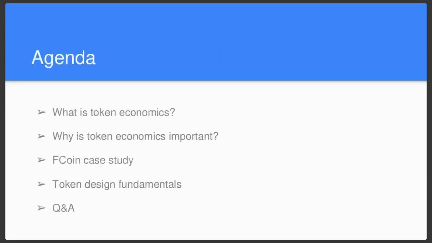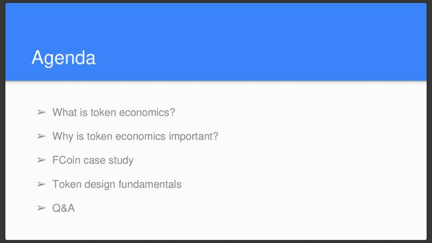Here is today's agenda. First, I will give you a high-level description of what tokenomics is. Then I'm going to talk about why tokenomics is so important. Then I'm going to give you a case study on FCoin to showcase what would happen to a very promising project if you don't have a good tokenomics design.